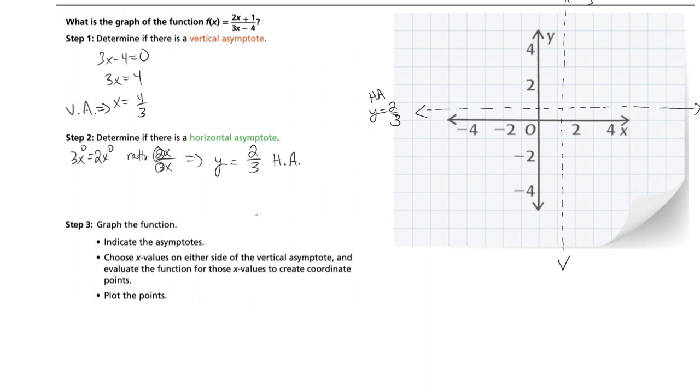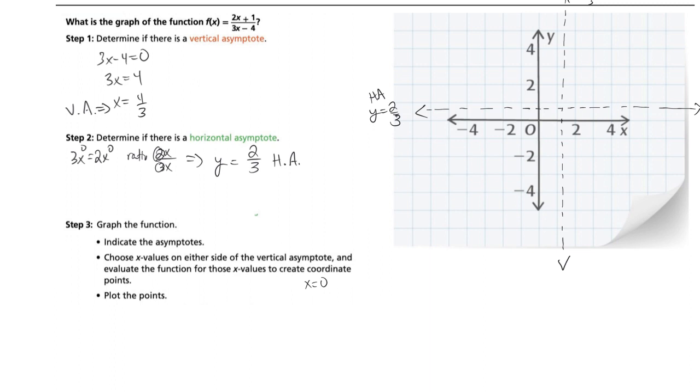All right, and now to graph the function, we indicate the asymptotes, which we already found. Now what we're going to do is choose x values on either side of the vertical asymptote and evaluate where they're going to land. We know this function is going to be some curved function. On the left side of 4/3, it's either going to be up here or down here. So we just need to choose an x value to the left of x equals 4/3 and substitute it into the function. I'm going to pick x equals 0.